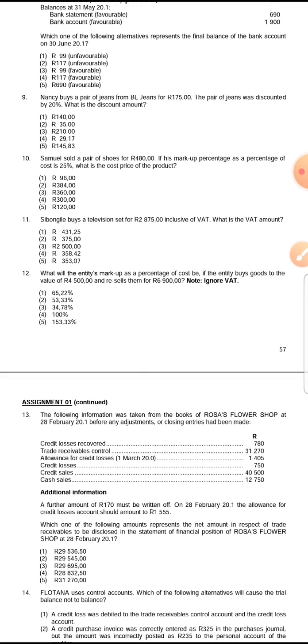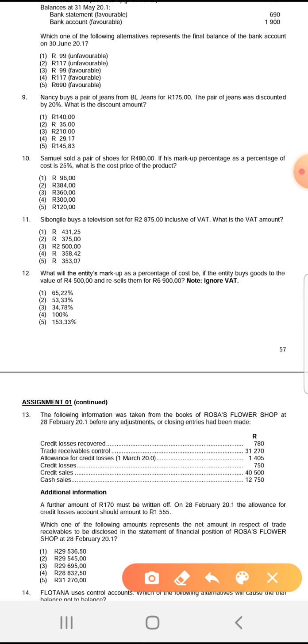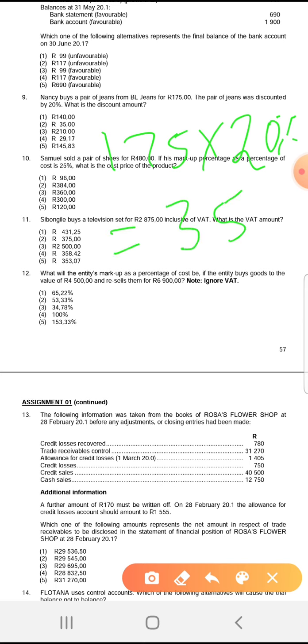So we'll just take this amount which we are given, 175, and just multiply it by 20%. It will give us 35, which will lead us to option 2.